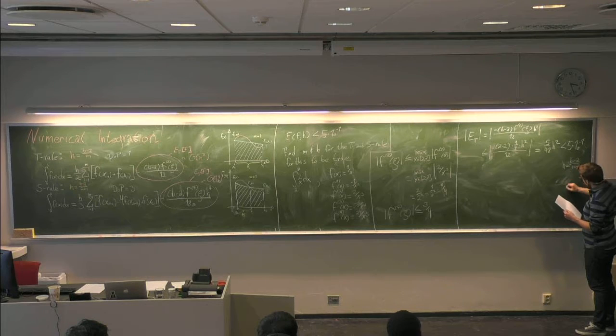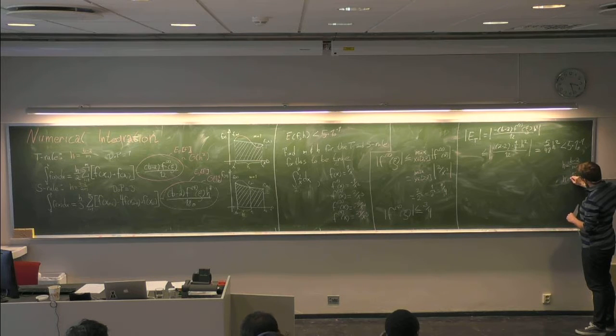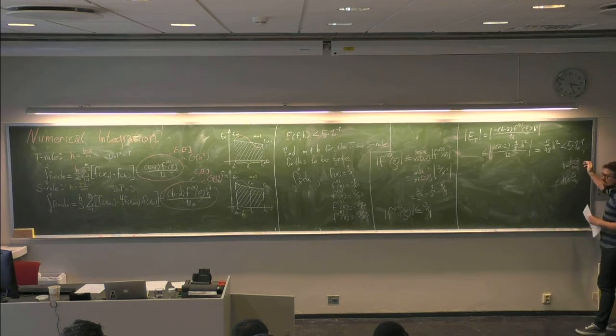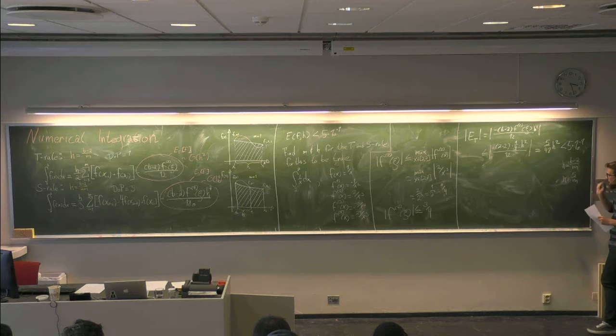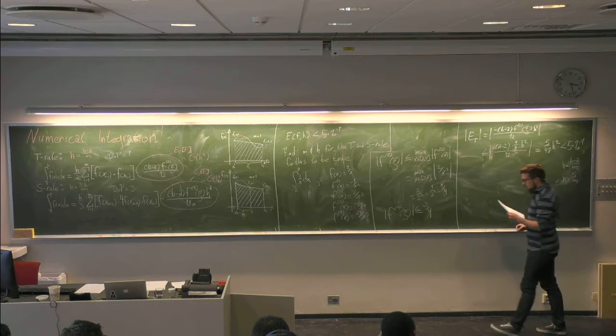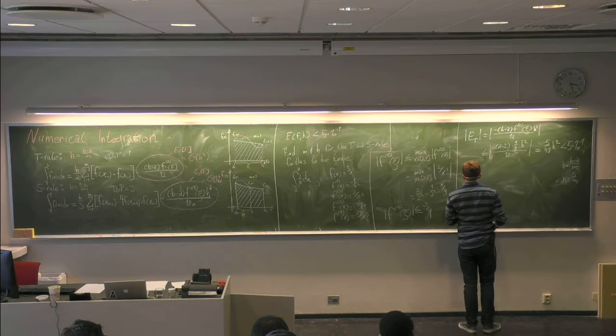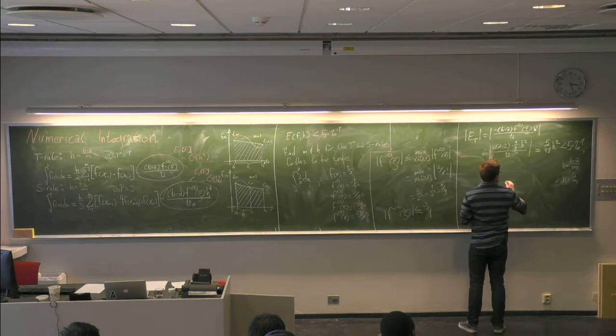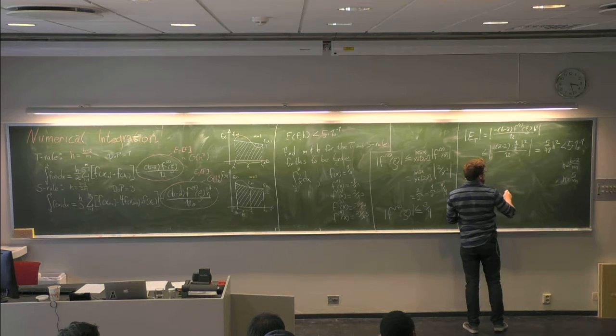In this case, h equals 5 over m, because 7 minus 2 is 5.